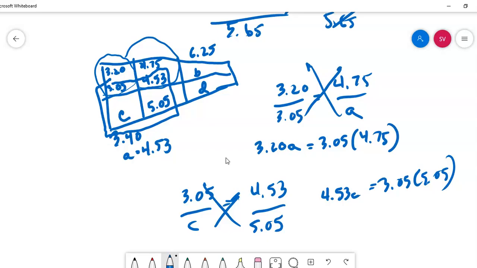Now I could find B. I got these three dimensions that I could use now.